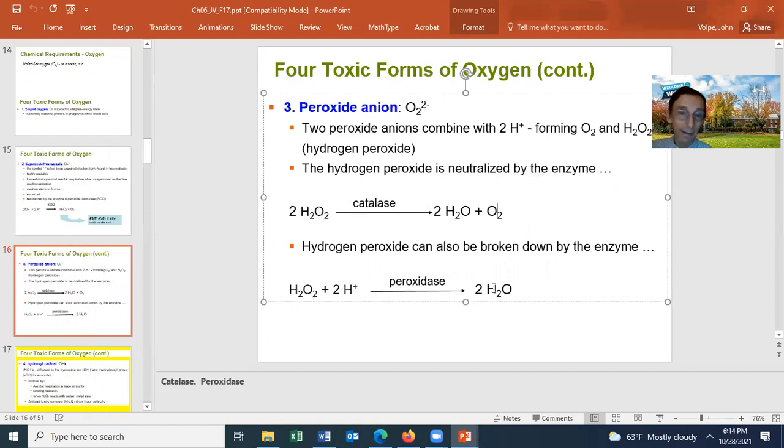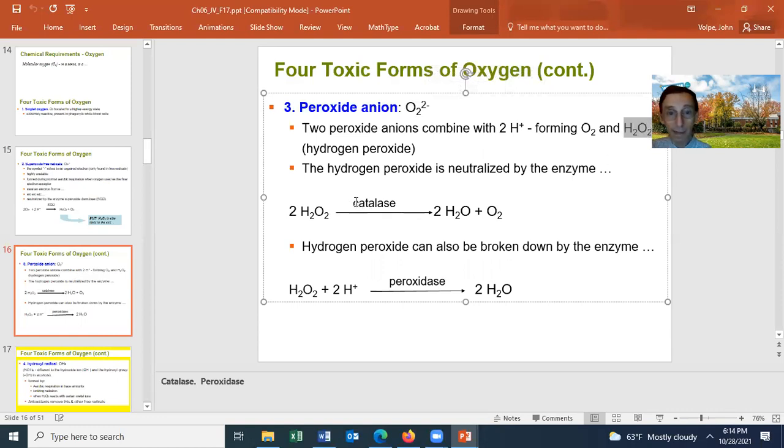If the cell is in oxygen, the cell has to have either catalase or peroxidase or both. Otherwise, the cell will die from a peroxide anion, such as hydrogen peroxide.